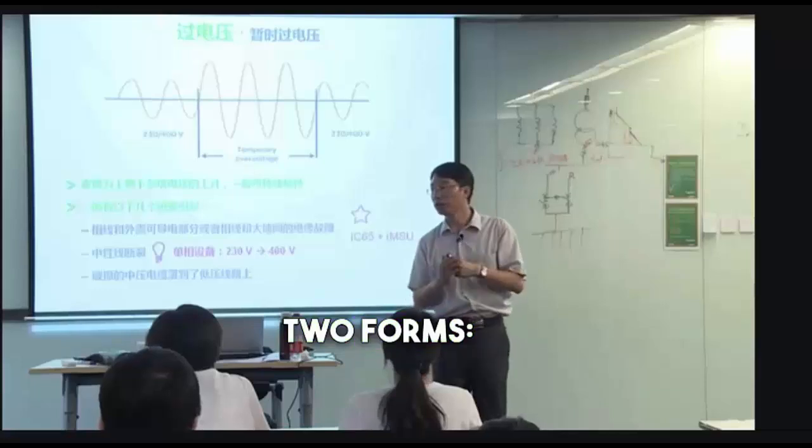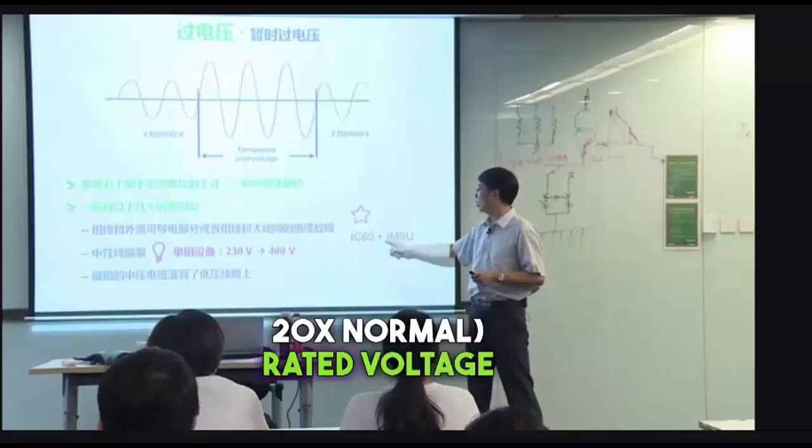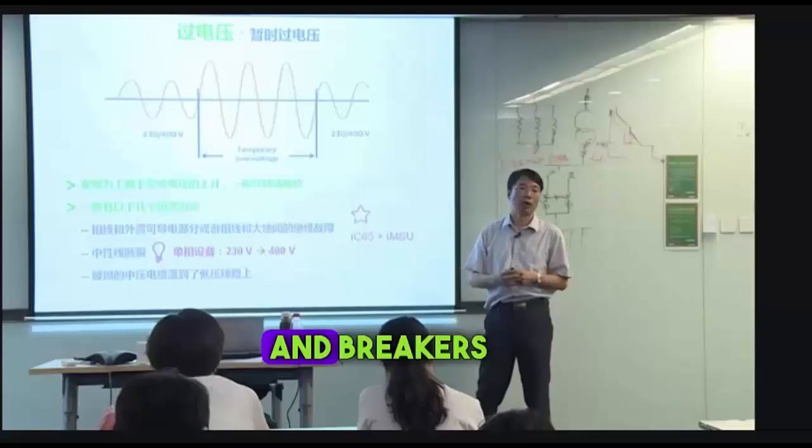There are two forms: atmospheric overvoltage, very high voltage, up to 20 times the rated voltage, and switching overvoltage from contactors, switches, and breakers.